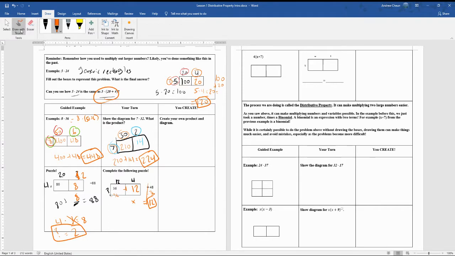So now comes the question, what's the question mark? Well, if we take a look here, question mark times 4 is equal to 12. So then what multiplies 4 to get to 12? Well, we can sort of guess and check like we did this question, or if we want to do this a little more mathematically, we can divide both sides by 4 because that's the opposite of multiplying.